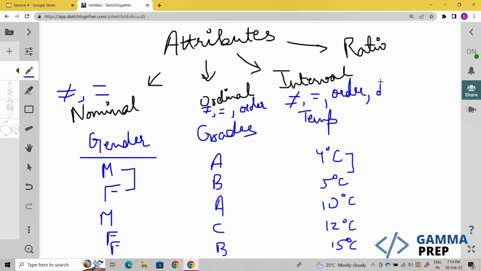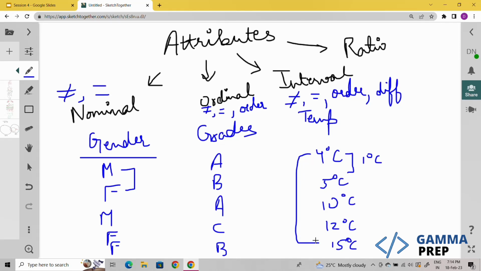You can find out they are equal or not, you can order, but you can also do one more thing. That is, find out the difference. The difference in the 2 day temperatures is 1 degree Celsius, which is not huge. If you see the temperature difference between 4 and 15 degrees Celsius, that is 11 degrees Celsius, which is huge.